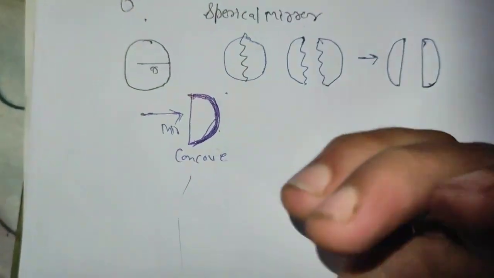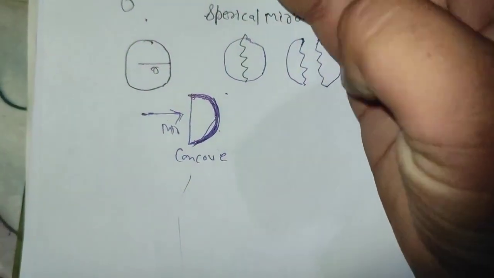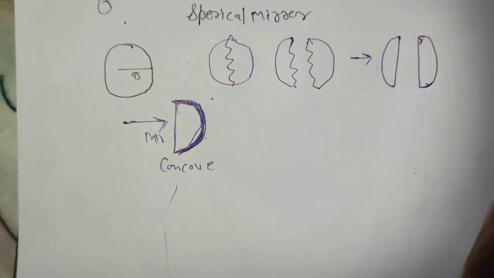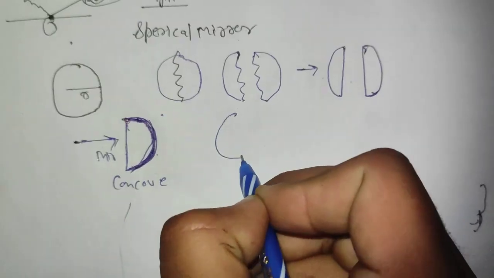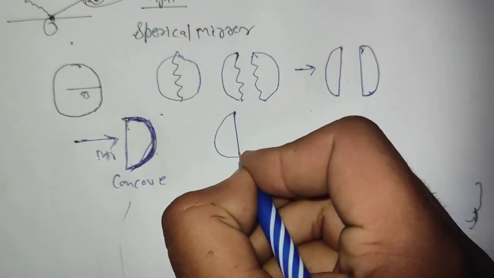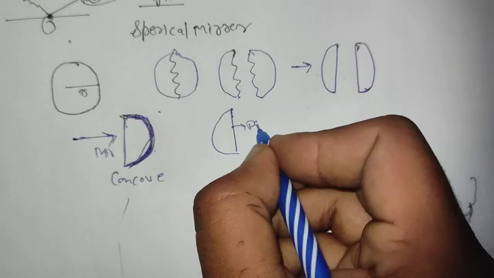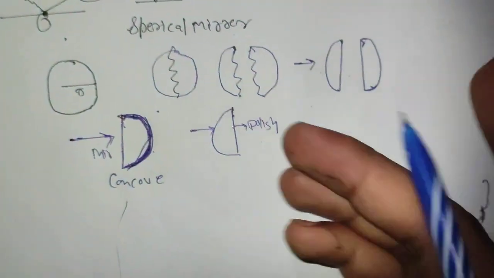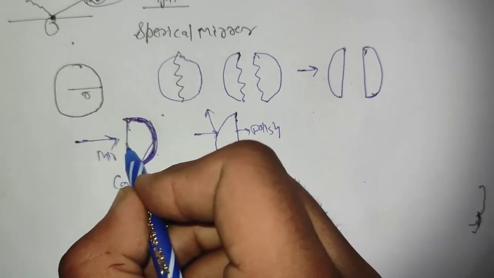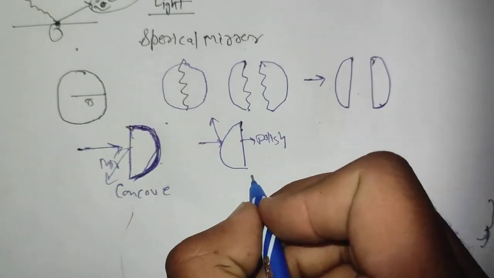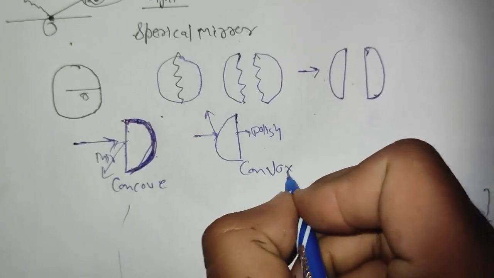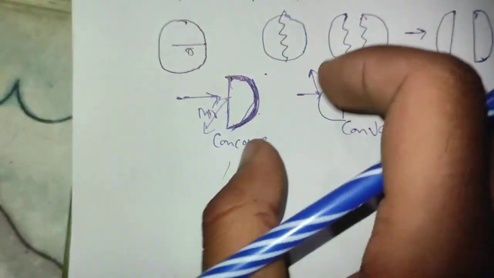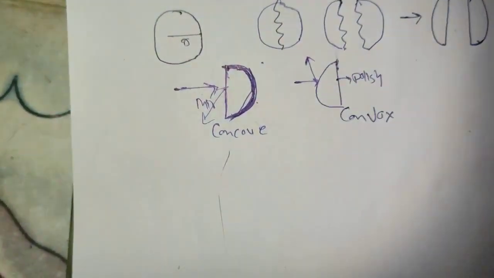In the second case, the polished area is the outer surface that reflects the light, so it is called a convex mirror. When we split the sphere, it converts into two parts, concave and convex.